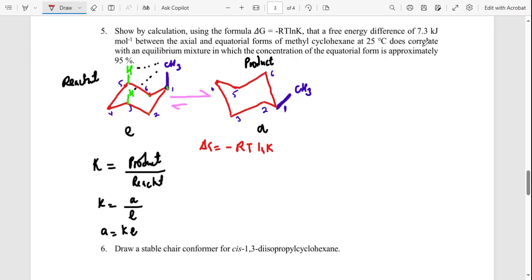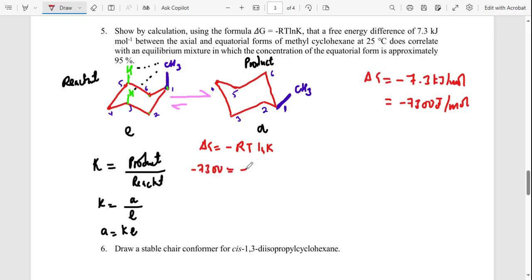And remember, it is kilojoules. So delta G is negative 7.3 kilojoules per mole. When we are using equations, we don't deal with kilojoules, so multiply by 1,000. So this is 7,300 joules per mole. That's the one we put here, negative 7,300.